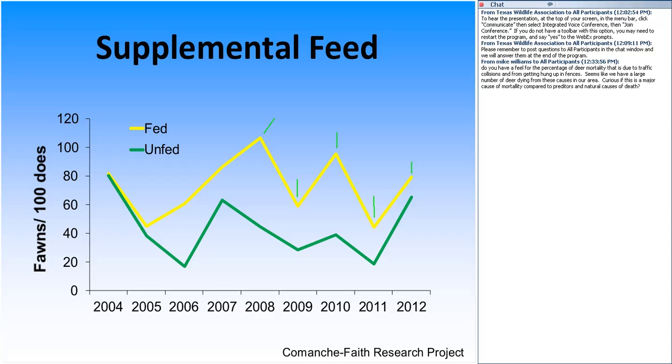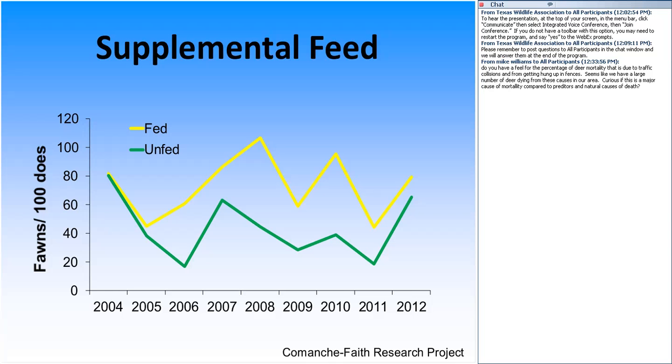So this is kind of one feed site for 200 acres with 2 feeders at the feed site. And you can see from the data here that even in that supplemental fed pasture, we went from 40 fawns per 100 does to near 100 fawns per 100 does. So just a dramatic variation in fawn production.